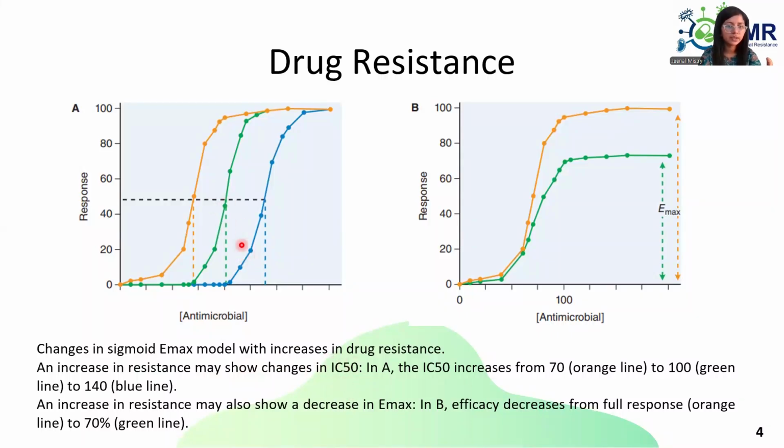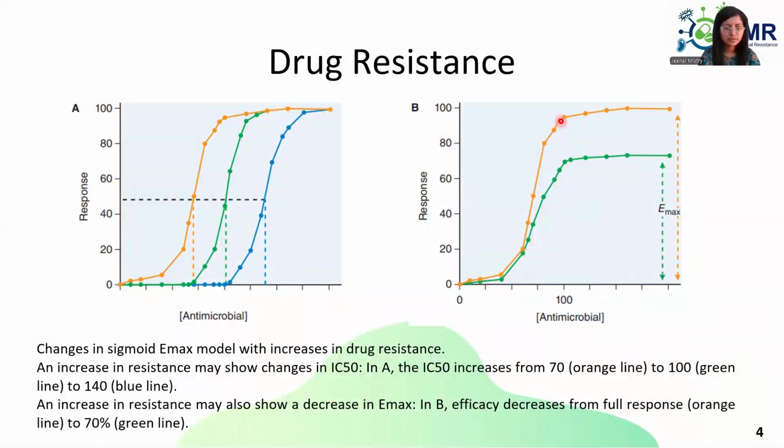In graph A, the inhibitory concentration at 50% increases from 70 to the orange line, right? Then 100 is the green line, and 140 is the blue line, showing the increasing loss of resistance. Same thing, an increase in resistance.